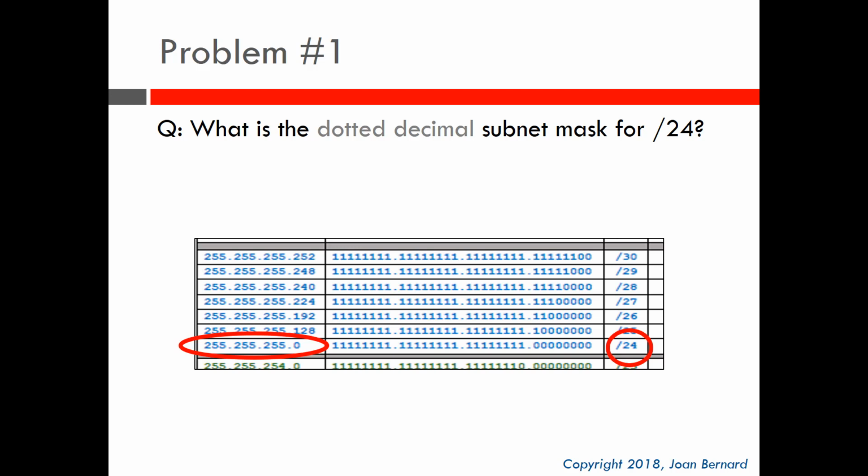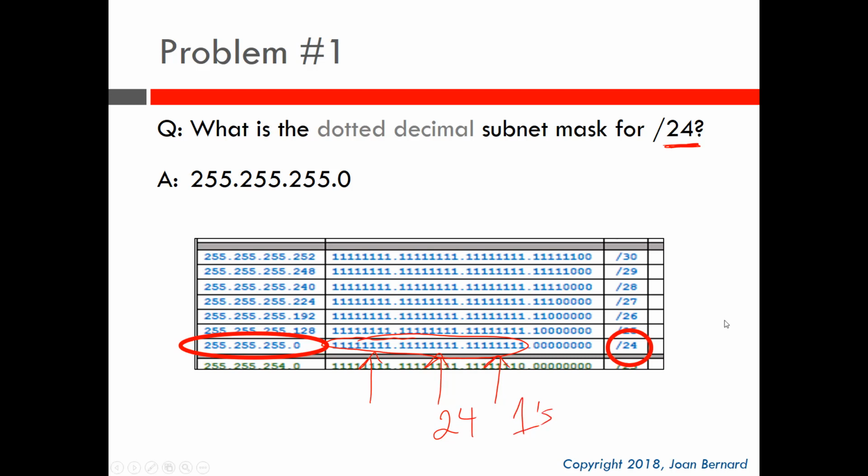So simply, the answer is 255.255.255.0. Remember that the /24 means that there are 24 ones in the subnet mask. So there's 8 and another 8 and another 8. That's 24 one bits.